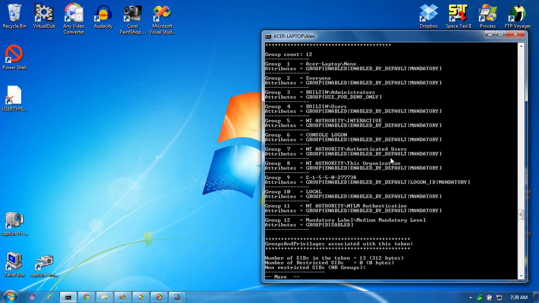There's also a group of console logons. That is, like a terminal logon.